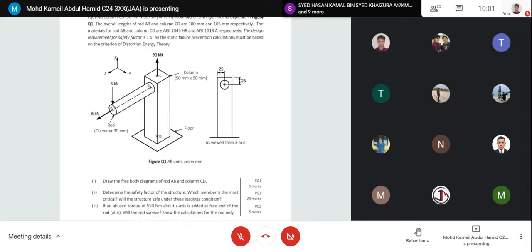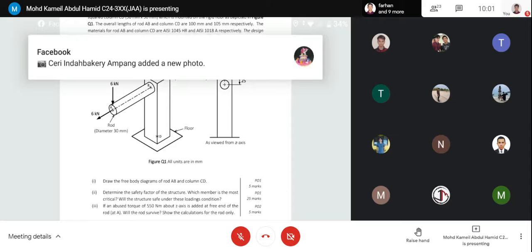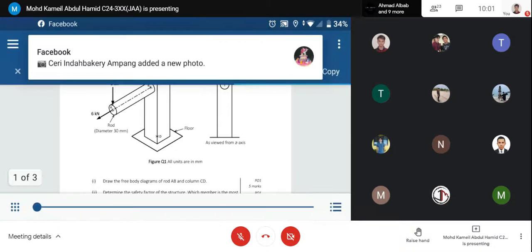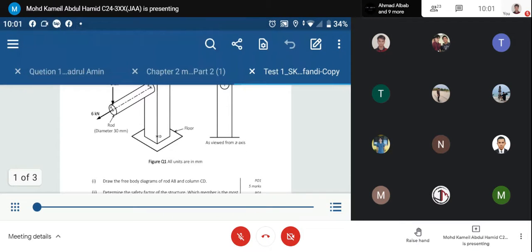Okay, in this question, the requirement for safety factor is 1.5. Okay, so based on 1.5 tu nanti we compare. If you get the safety factor less than that, that means the material ataupun your component is not going to be safe. So that is the idea.